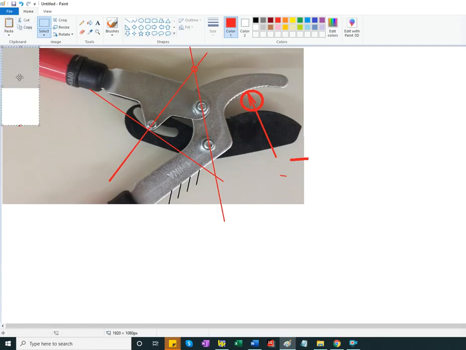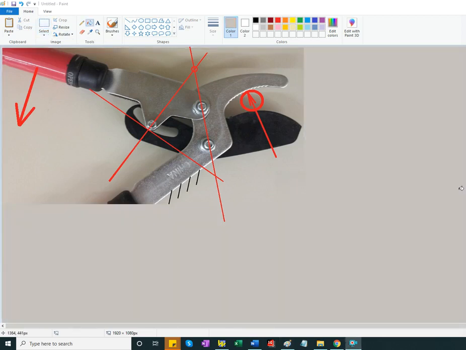Copy, paste. I'm trying to get rid of this. Paste, okay. So this is the input force, this is the resistant force. What we'll be interested in knowing is the ratio between the resisting force and the operator force.